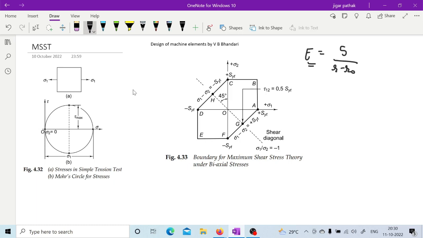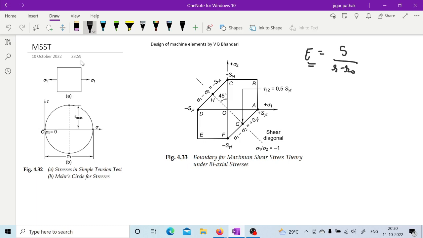Okay, sir. So here in maximum shear stress theory, as we have previously seen in case of maximum principal stress theory, the failure is going to occur when that maximum principal stress exceeds the yield strength or ultimate strength of a material under tension test, right?